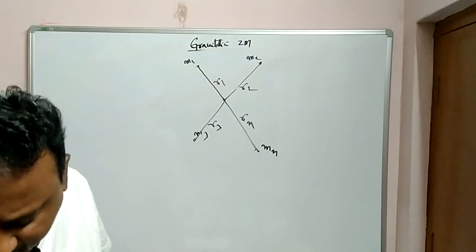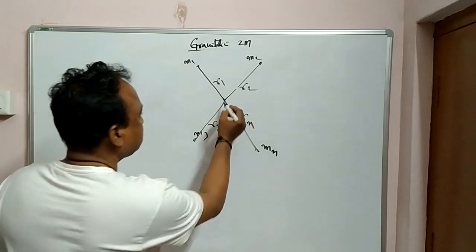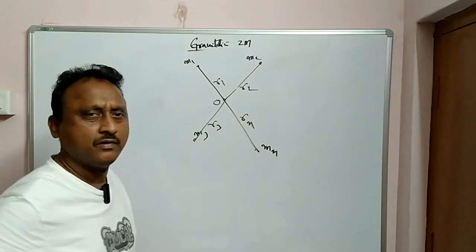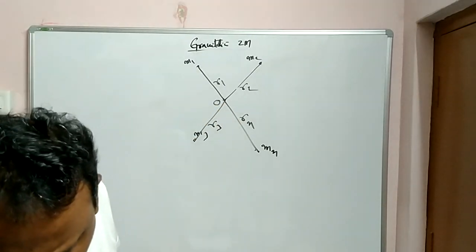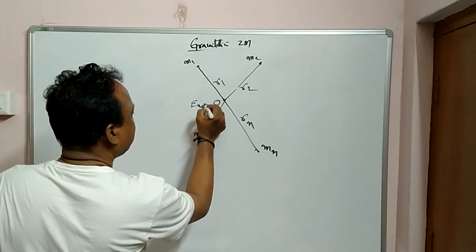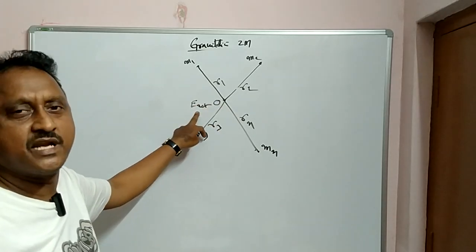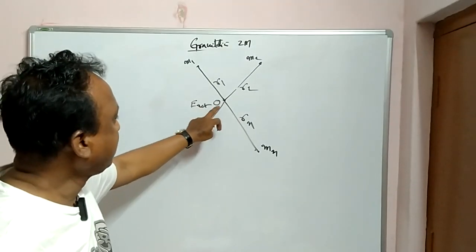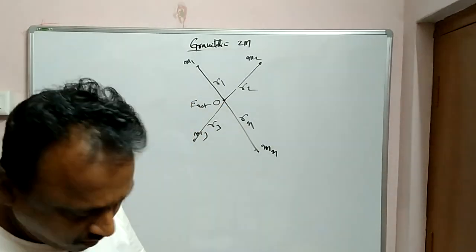Suppose at a point O we have to calculate the net E. What is E? Gravitational field intensity. So if you want E net at point O, how do you get this value?